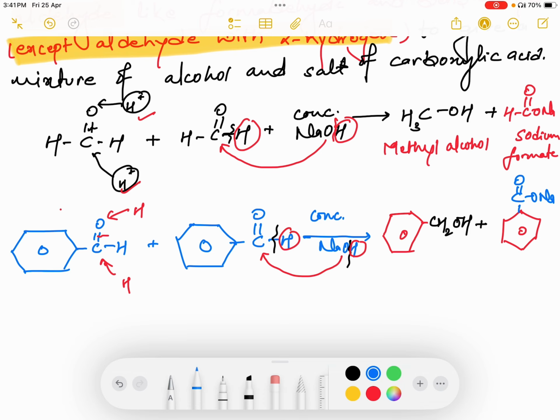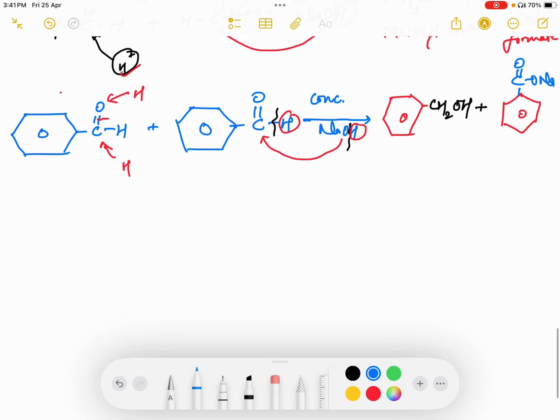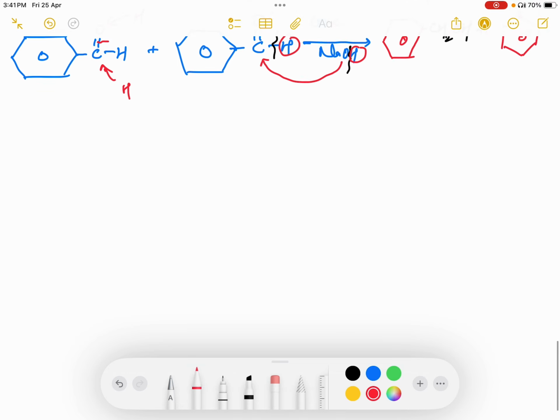You can also do it in the cross form. And if I have a benzaldehyde and a formaldehyde, let me show you that one also as an example. So if I have something like this, that one of the molecules is benzaldehyde and the other is formaldehyde, that is H C double bond O, H group. Okay.